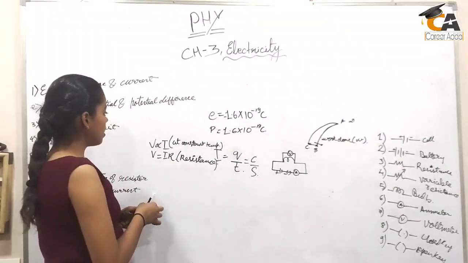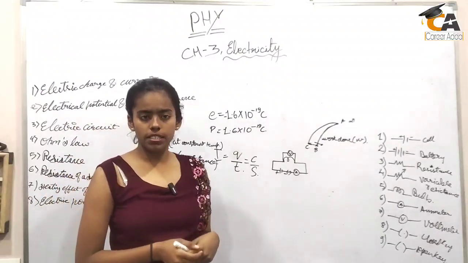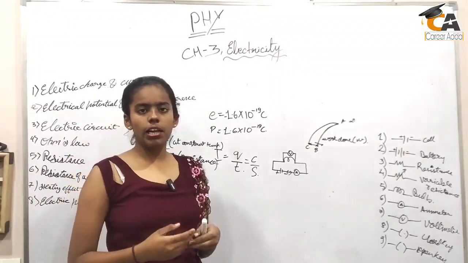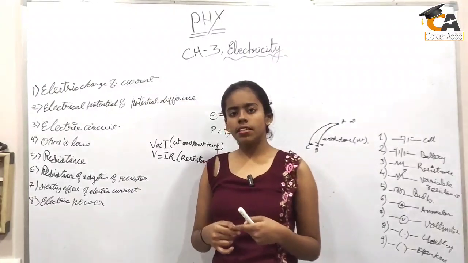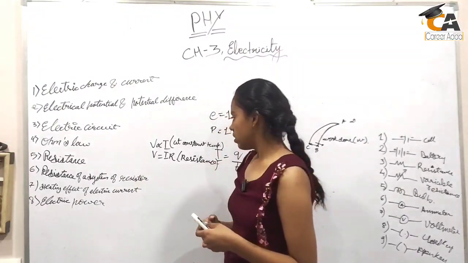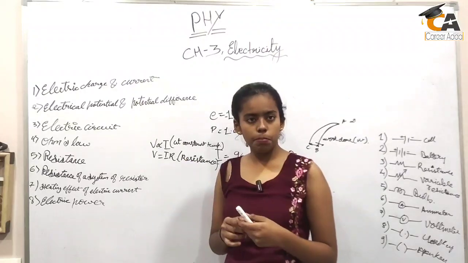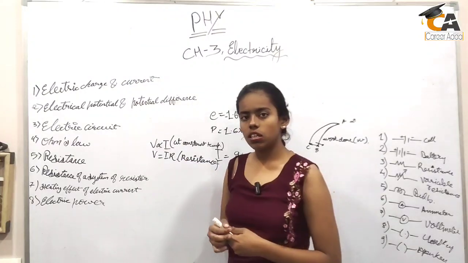It needs a constant temperature. If constant temperature is not present, the values of potential difference and current would not be directly proportional according to this law.